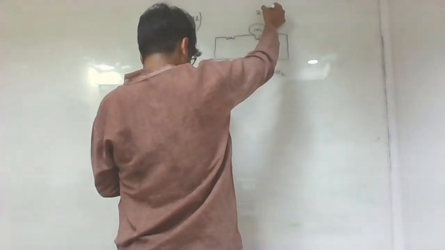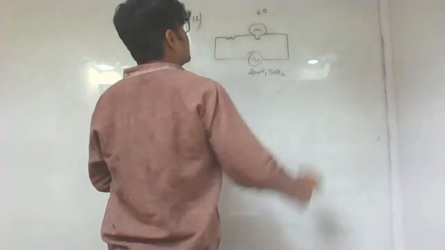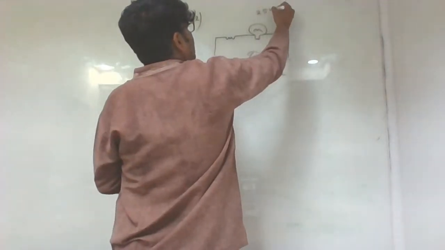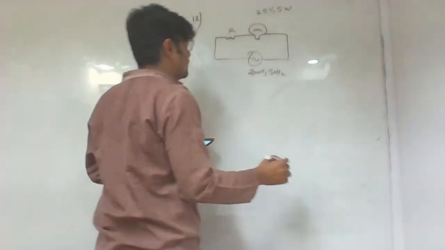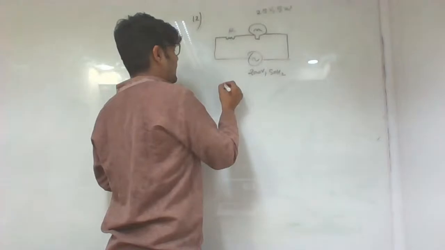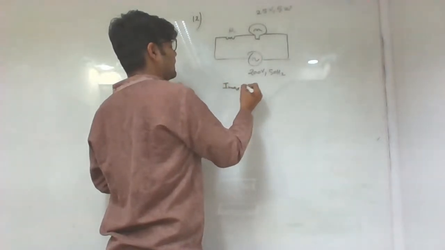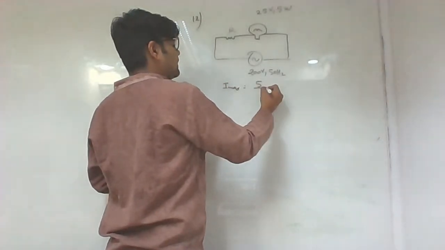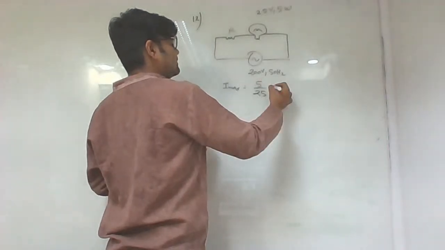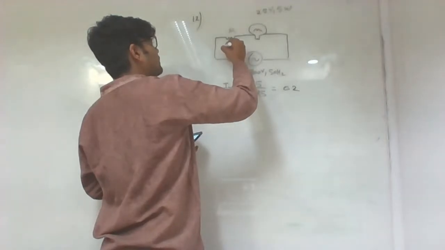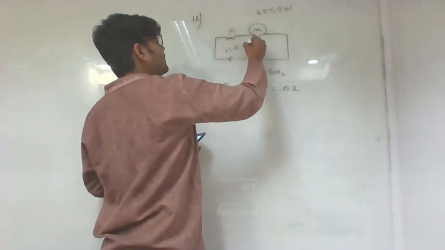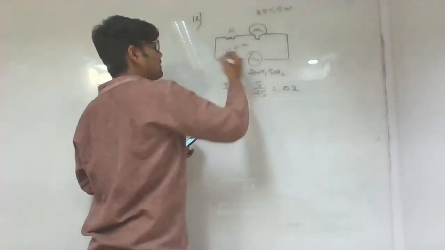Power rating is 25 volt, 5 watt. Now, I max through the bulb can be 5 by 25 because power is V into I, which is 0.2. Now, the current that goes here is 0.2 I max.